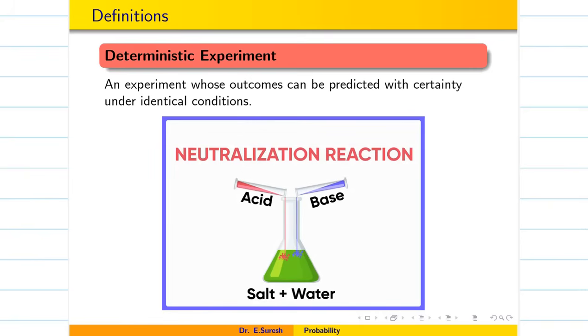For example, if I take an acid and a base and I titrate, I will always get a salt and water. You have studied these things in your 10th standard. You take any acid, HCl, any base, NaOH, and if you titrate, you will get a salt and water. Whoever does this experiment will get the same output.